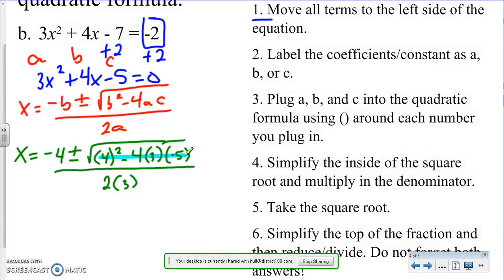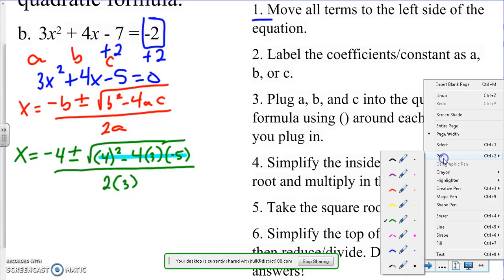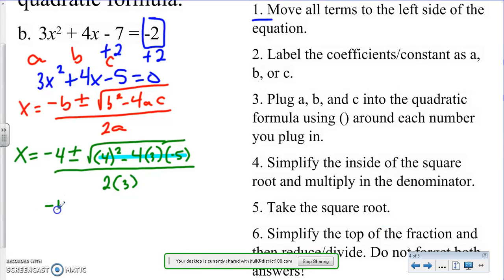So, parentheses, 4, parentheses squared, minus 4, parentheses 3, parentheses negative 5, gives us 76. So we're going to have negative 4 plus or minus the square root of 76, all over 2 times 3, which is 6.